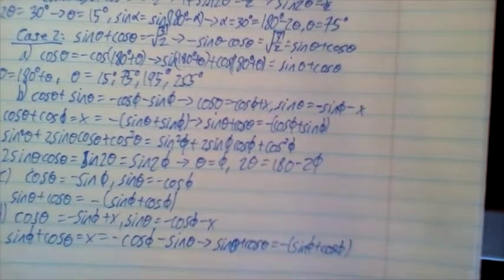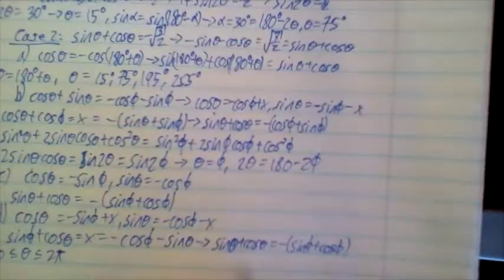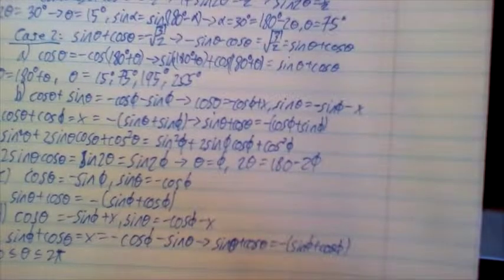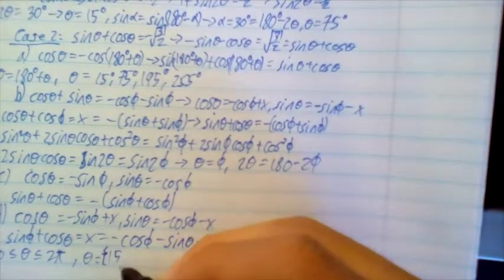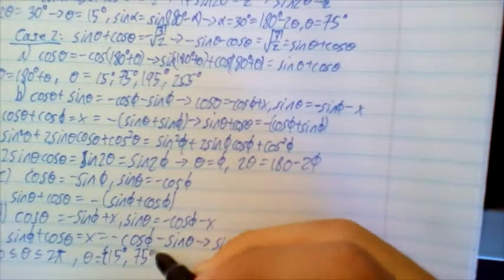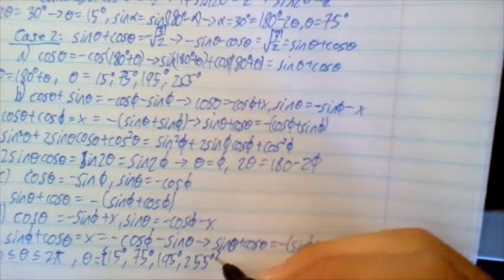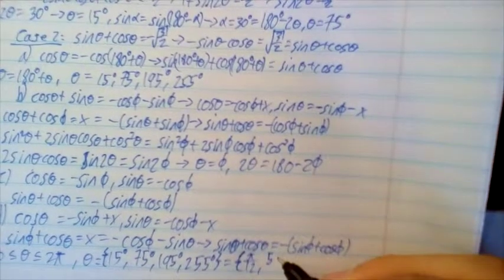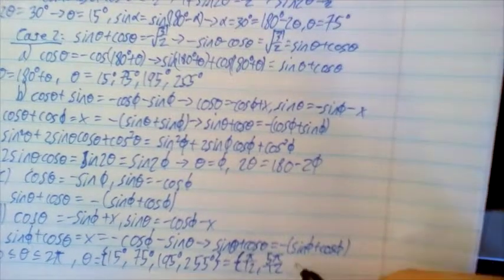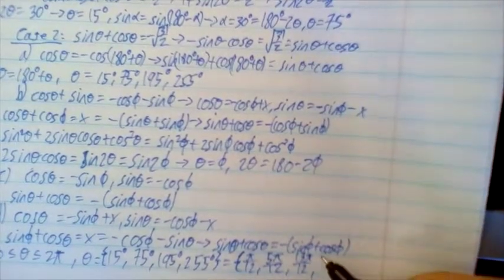Therefore, we've reached the conclusion that all theta between 0 and 2 pi radians that satisfy the equation (sine theta plus cos theta) all squared is equal to 3 on 2 are only these four numbers: 15 degrees, 75 degrees, 195 degrees, and 255 degrees, or in radians, theta is equal to pi on 12 radians, 5 pi on 12 radians, 13 pi on 12 radians, and finally 17 pi on 12 radians.